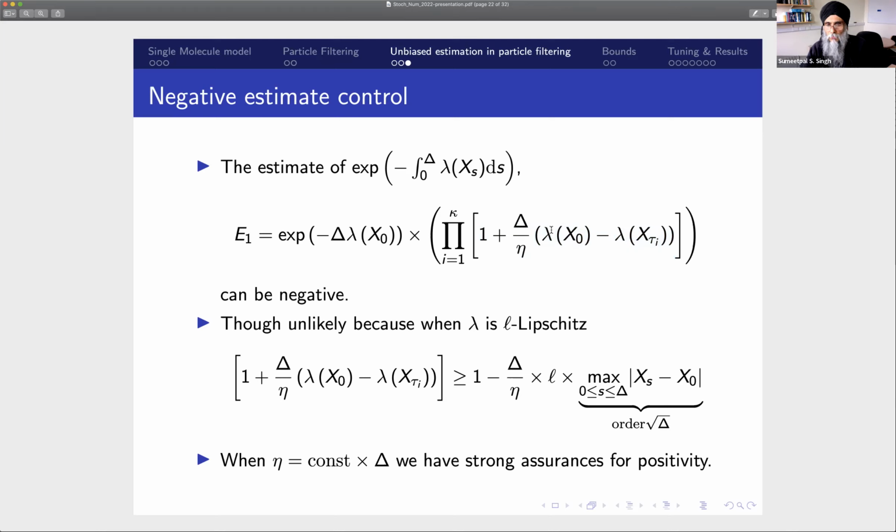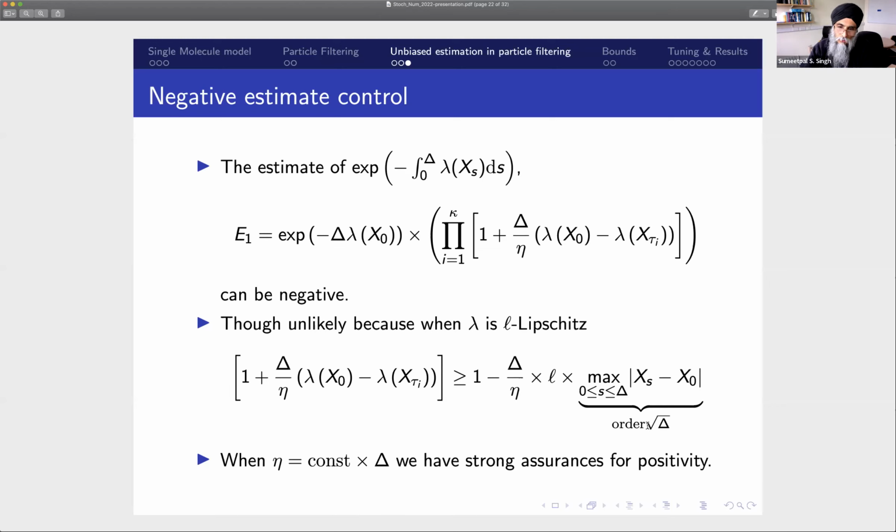If you assume lambda is Lipschitz with Lipschitz constant L, the largest negative value this can take is minus L times the maximum excursion of X in the interval 0 to delta, and we know this will be of order square root delta.